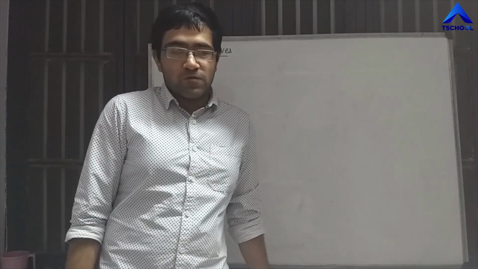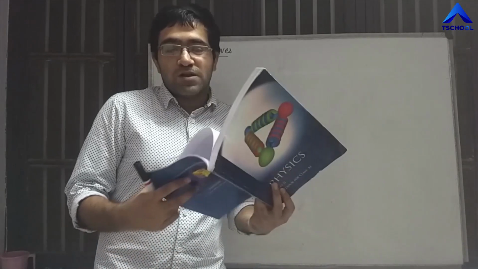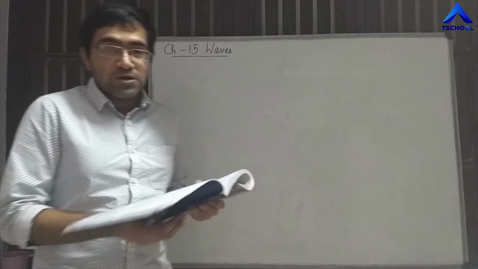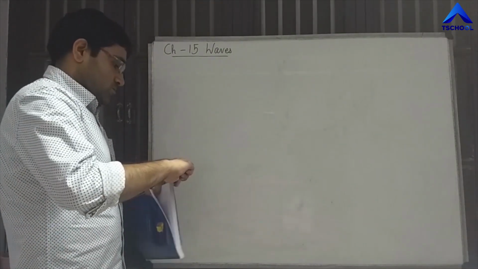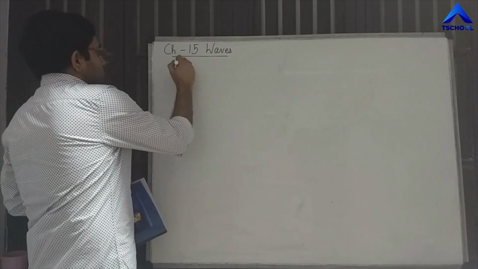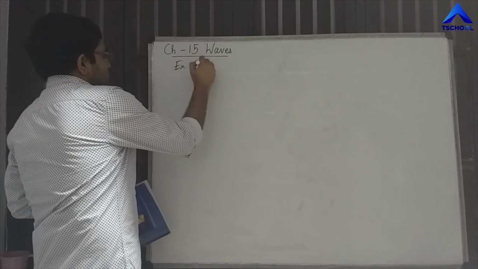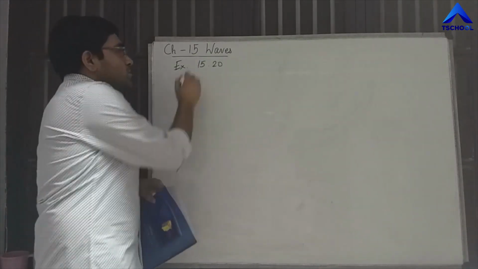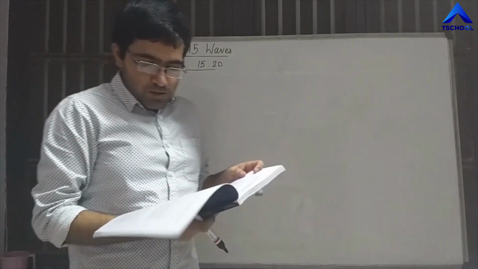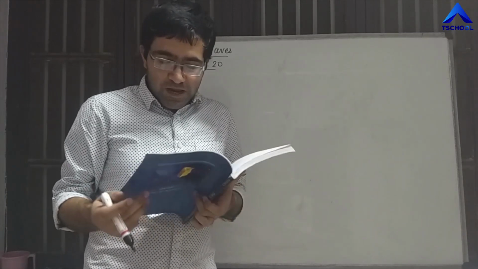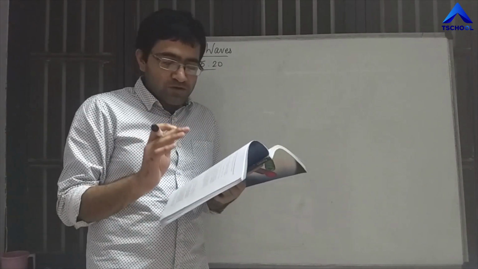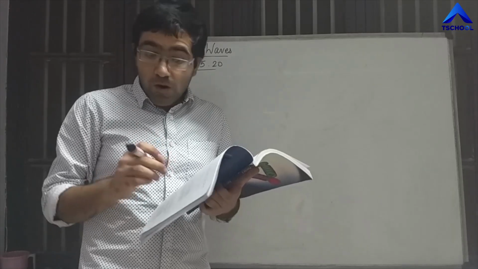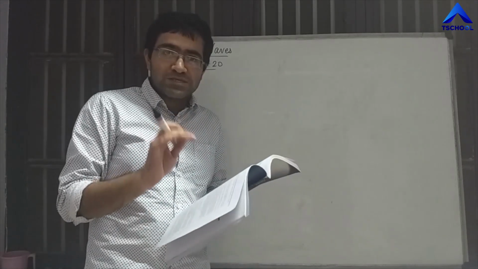Now that we have solved one example, we are now going to solve a question from the exercise. The question number is 20 from the exercise, exercise question 15.20. It says a train standing at the outer signal of a railway station blows a whistle of frequency 400 Hz in still air, that is no wind.